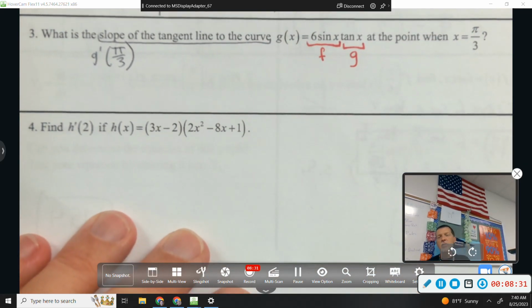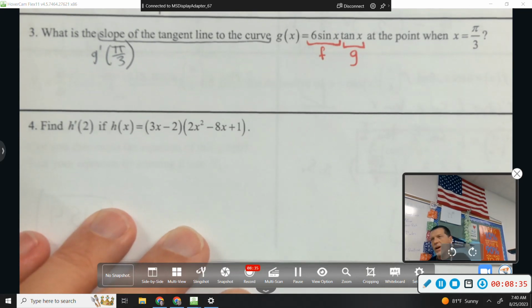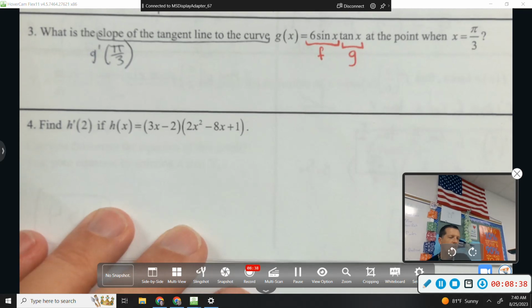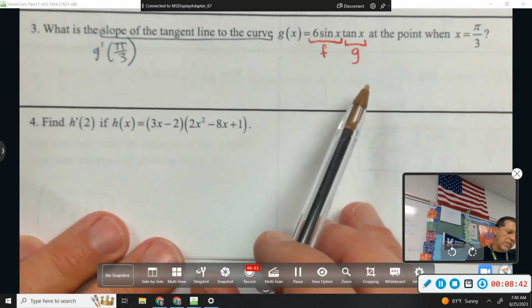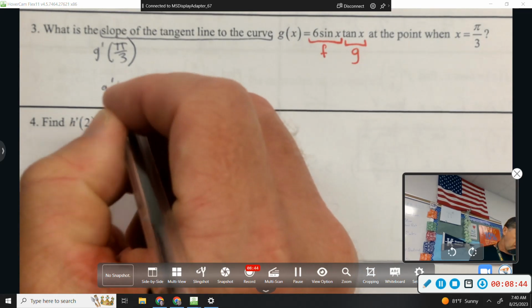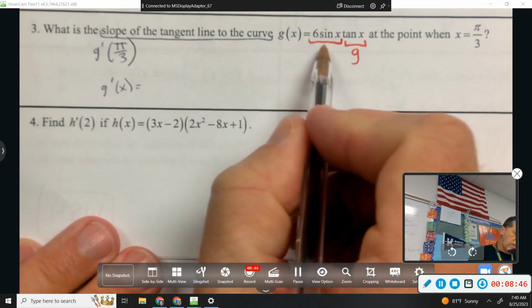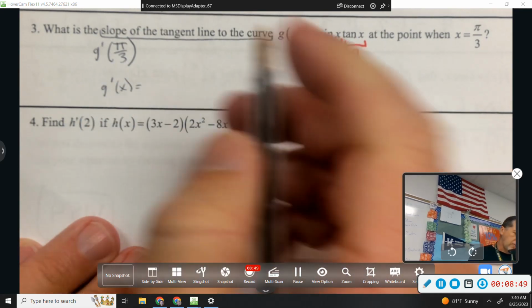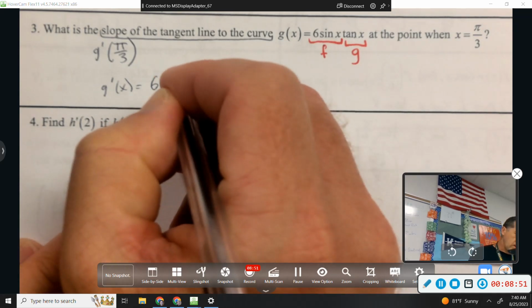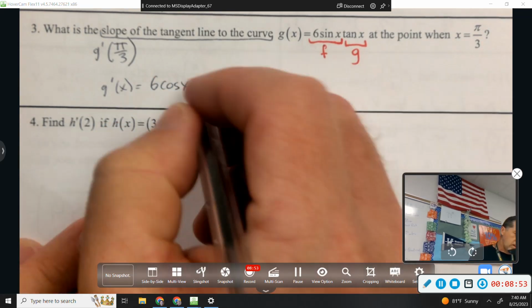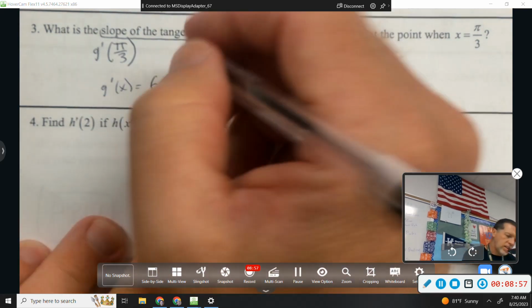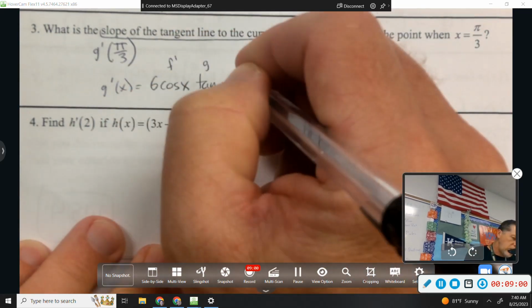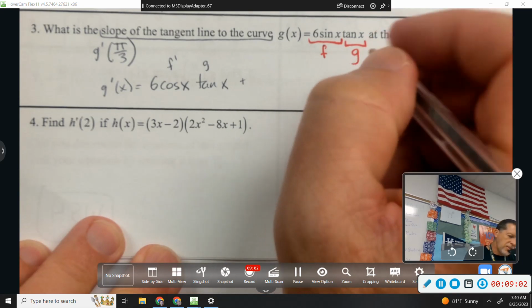The other way to do it is to hold the 6 out front of everybody, do the product rule, and then stick the 6 back on. But I think it's easier to just assign it to one of them, and then do f prime g plus g prime f. So f prime g, derivative of f would be 6 cosine x. g is tangent of x. f prime g plus g prime f.